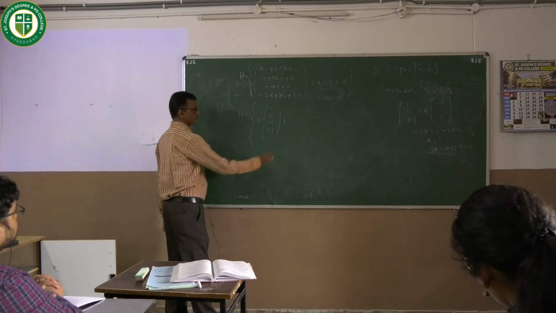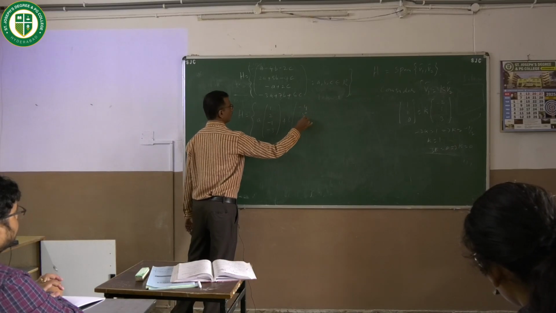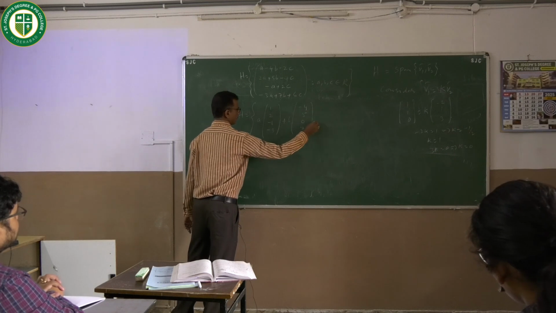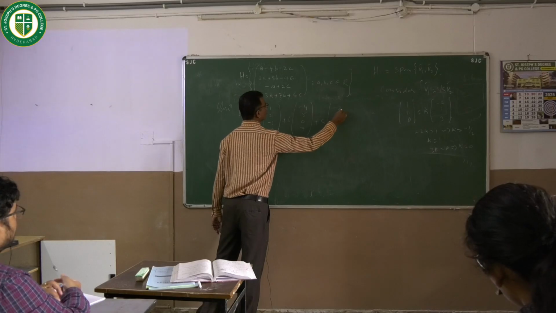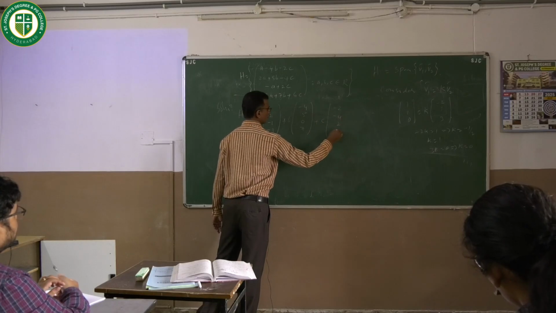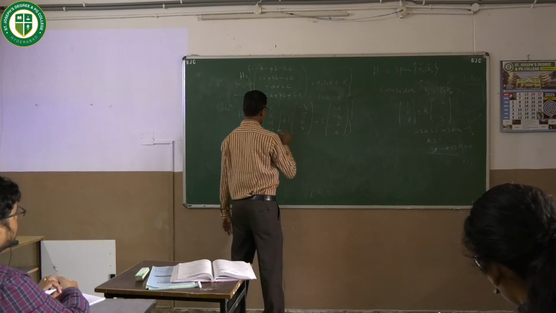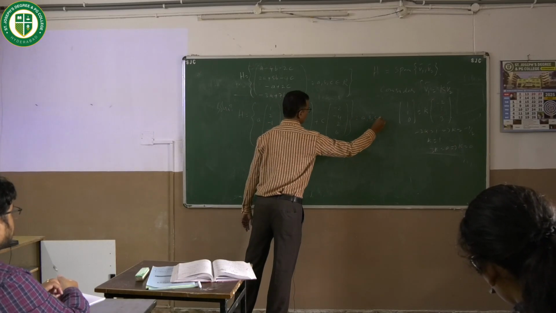What are the B coefficients? Minus 4, 5, 0, 7. Then next the C coefficients: minus 2, minus 4, 2, 6. Such that A, B, C belong to real numbers.